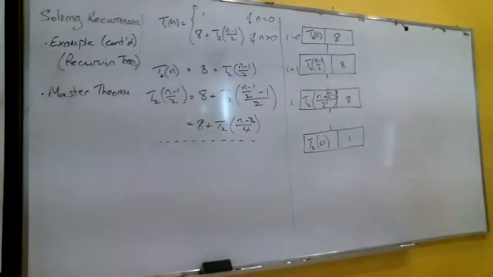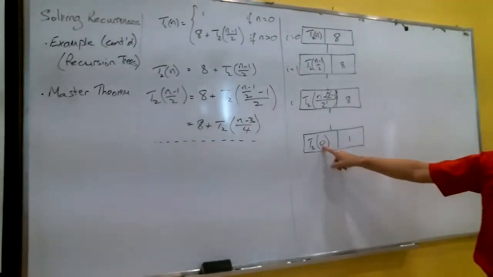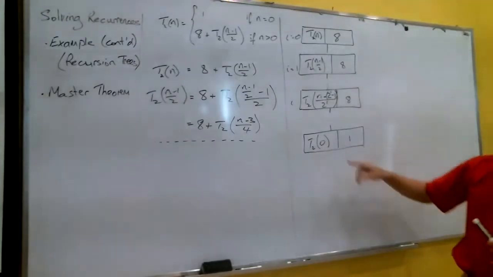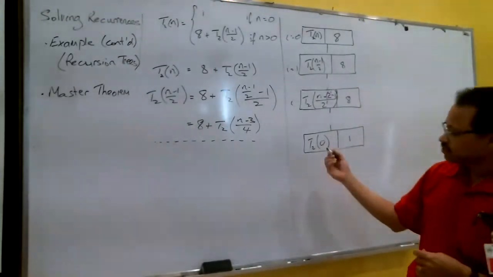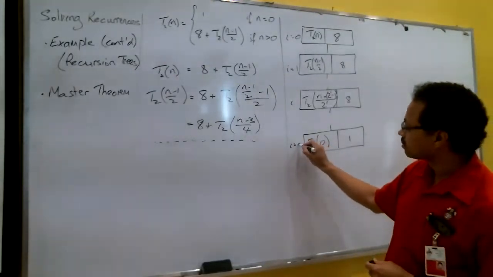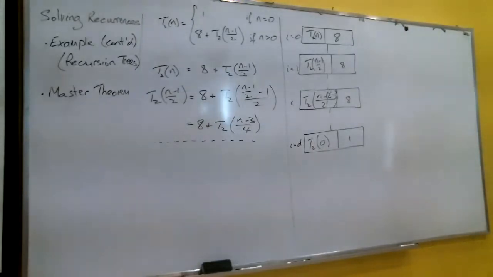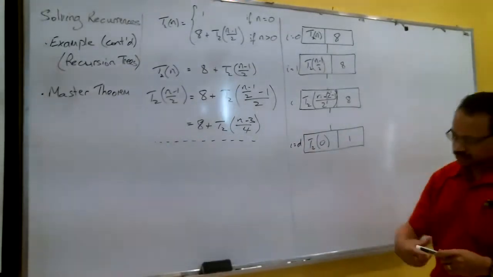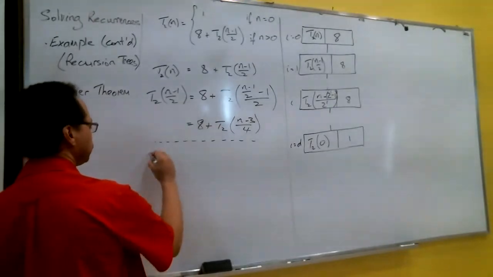So in order to figure out where this level is, I'm going to give it a name. I've been calling this level D, D for depth, to represent the depth of the tree. So I'm saying I have a depth D tree, but I don't know what D is yet. And how do I know what the value of D is?